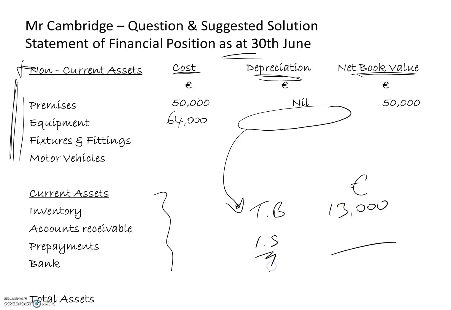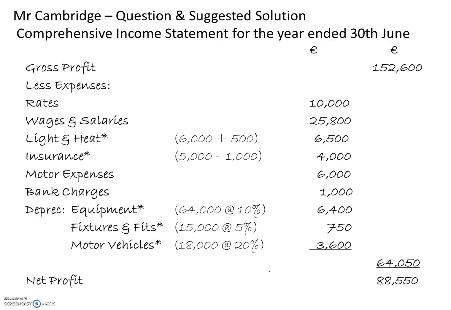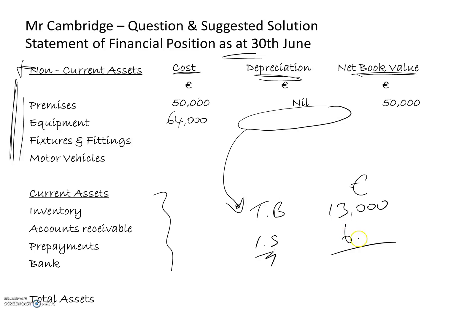Now, in the income statement, we've worked out the depreciation for this current year. So if I go back and have a look at that, I can see the depreciation on the equipment for this year is 6,400. So the depreciation in the statement of financial position is rolling forward with the depreciation from the previous years, and then it's added to the depreciation for the current year, 6,400, which gives 19,400.